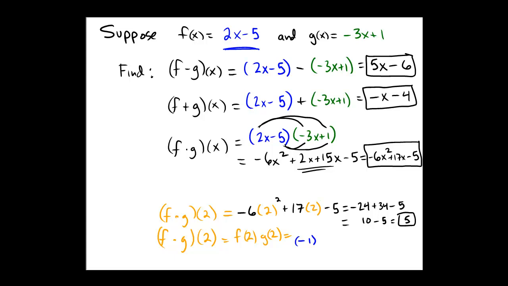In g of x, if we replace x with 2, negative 3 times 2 is negative 6. Negative 6 plus 1 is negative 5. And what is negative 1 times negative 5? Well, that also is equal to positive 5. Exact same answer.